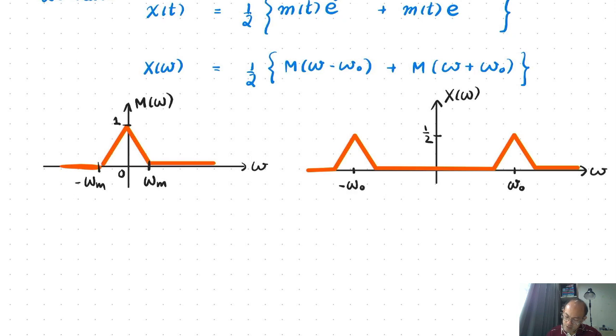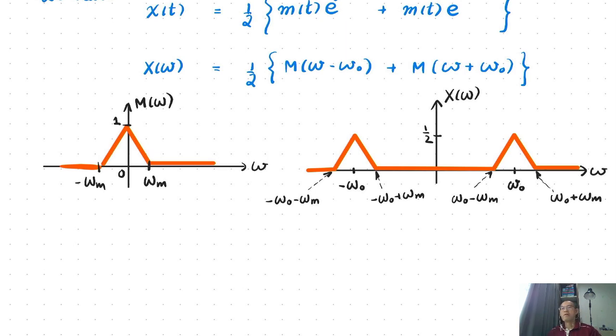And this is, of course, minus omega 0 plus omega m. This is minus omega 0 minus omega m. And this is omega 0 minus omega m. And this is omega 0 plus omega m.